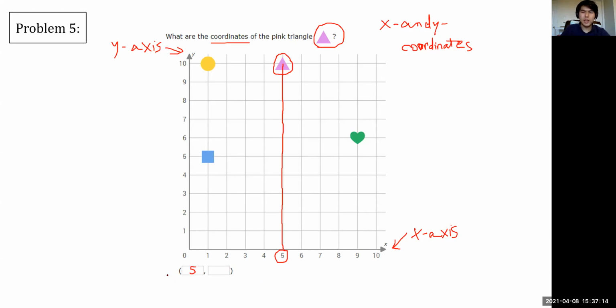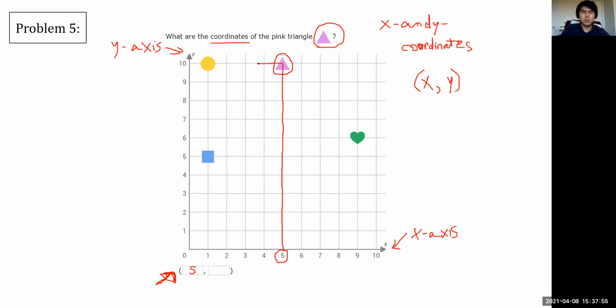The way that we write our x and y coordinates, it is our x-coordinate before the comma, and then after the comma is the y-coordinate, as I am demonstrating here. Okay, having said that, let's find the y-coordinate of the pink triangle now. So I will draw a straight horizontal line all the way to the left until we reach the y-axis in order to get the correct y-coordinate.